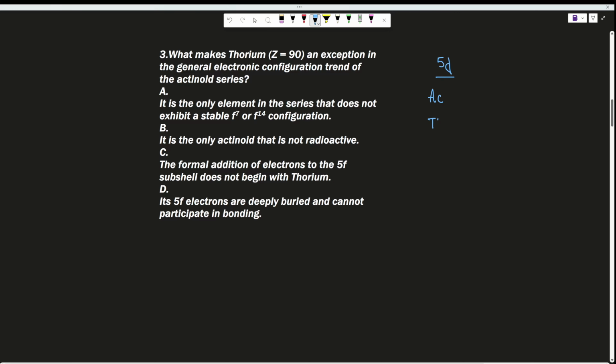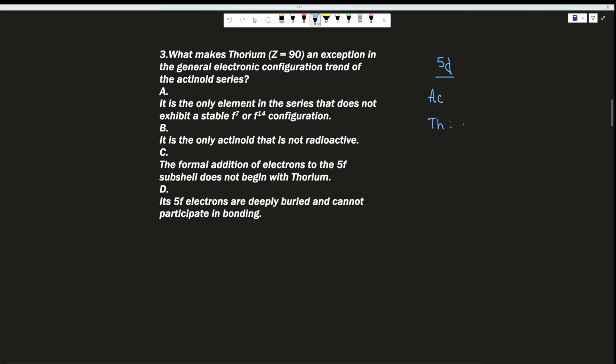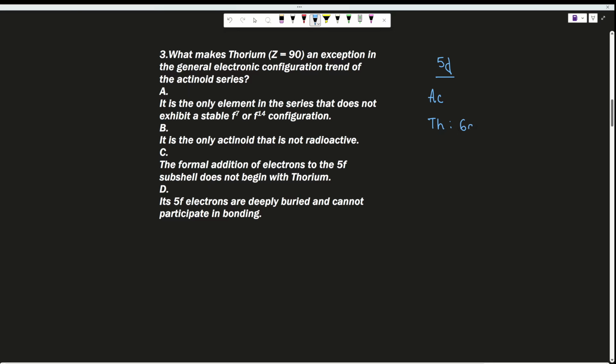After this you get thorium with atomic number 90. In thorium also, the outer electronic configuration is 6d2 7s2, while actinium is 6d1 7s2.